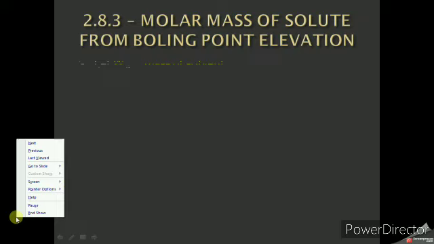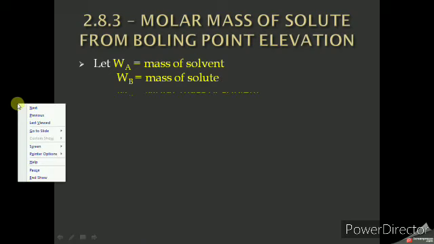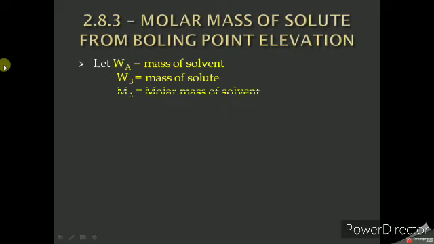Next one is, by using this elevation in boiling point, we can calculate the molar mass of solute from boiling point elevation. For that purpose, we must know the previous formula and some terms. Let Wa and Wb be the mass of solvent and solute respectively. Then Ma and Mb are the molar mass of solvent and solute respectively.